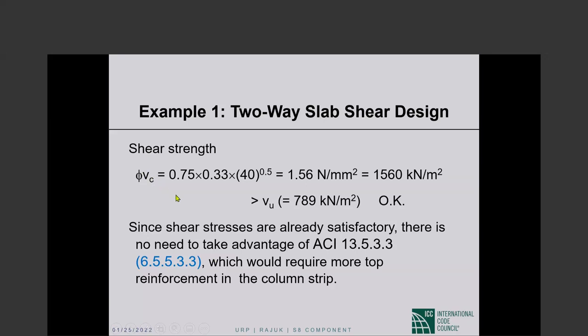The smaller one governs. The smallest one in our case is the 4 square root of F sub C prime, and that comes to 1560 kilonewton per meter squared. That is the punching shear stress carrying capacity of the concrete itself. That being larger than our V sub U, we are okay, since shear stresses are already okay.